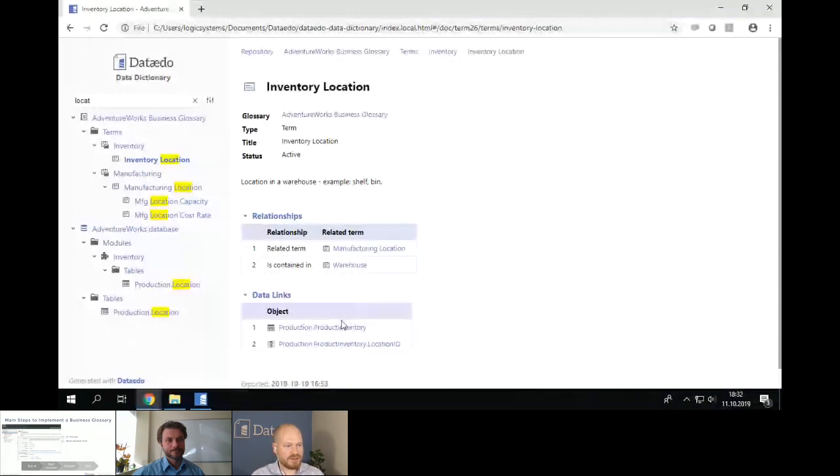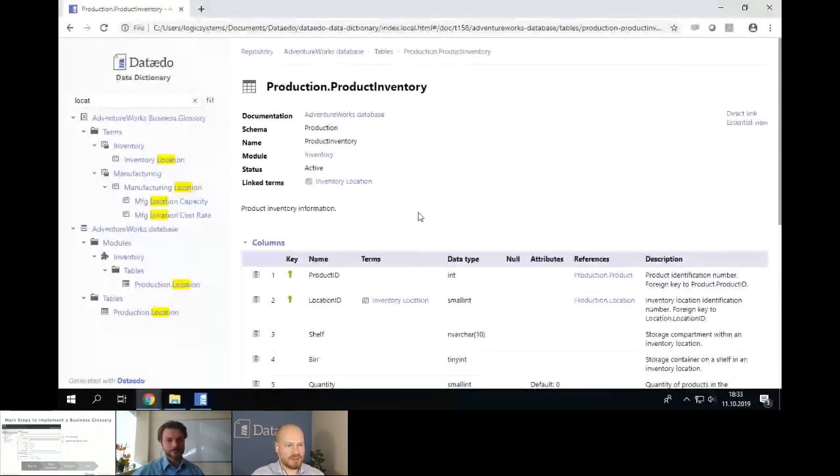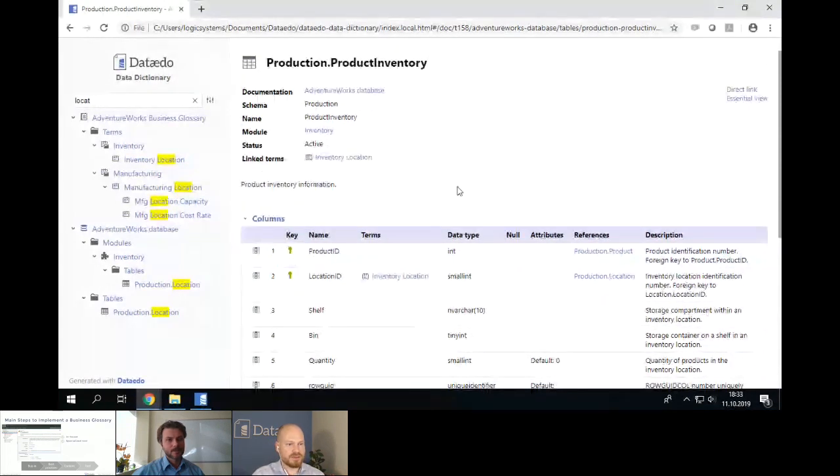I can easily find the data. I can go from the top level to the bottom and find specific data fields. I can jump to the table, and that brings me to the third benefit. If I work with the data, let's say I'm a data analyst or BI developer, I work with the tables.